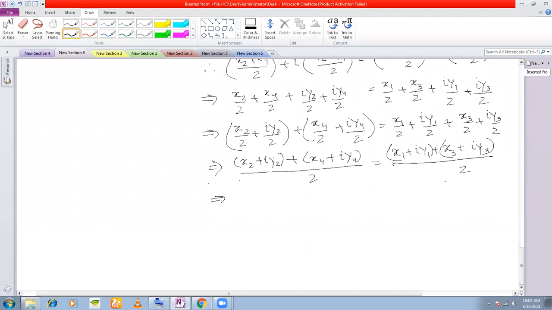So what is X2 plus I Y2? This is Z2. X4 plus I Y4 is Z4. X1 plus I Y1 is Z1. X3 plus I Y3 is Z3. That means we must have Z2 plus Z4 is equal to Z1 plus Z3. And that is proved. Okay. So if Z1, Z2, Z3, Z4 are complex numbers representing the vertices of a parallelogram, this will hold.